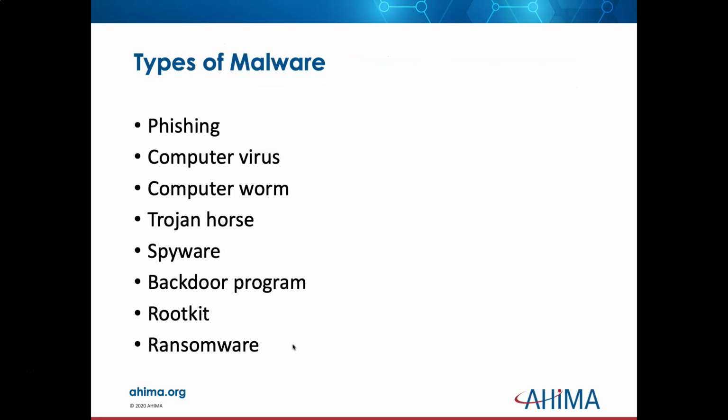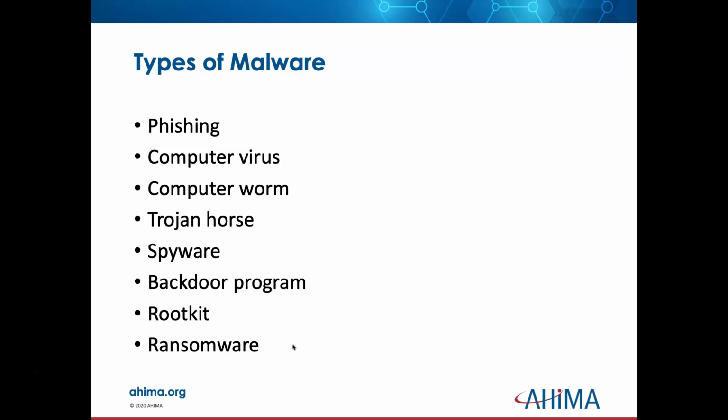And here we go. Types of malware. There's phishing, computer viruses, computer worms, Trojan horses, spyware, backdoor programs, rootkit, and ransomware. We've heard a lot about ransomware with healthcare organizations where somehow a hacker gets in, they set it up, and the hospital's IT system is basically shut down.